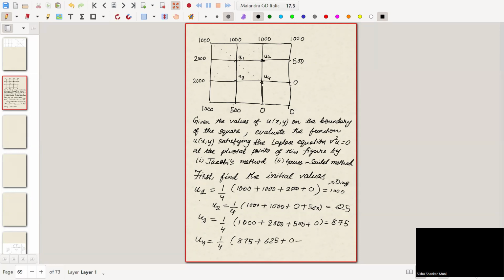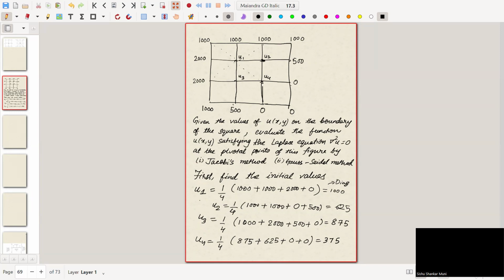The other two will be just zeros, right? What is this value? Still a guess.